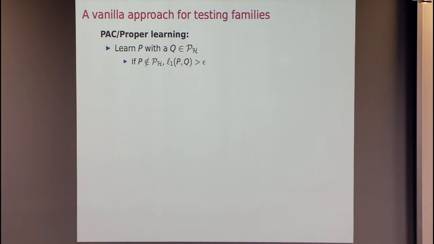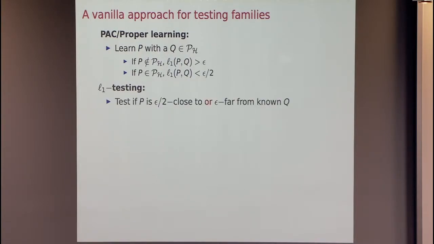Now, in the framework we are studying, if the distribution was not in the class, then the L1 distance between the underlying distribution and what you estimated has to be at least epsilon. However, if the distribution belongs to the class, suppose we have a learning algorithm that can learn it very fast, and let's say you can get up to an accuracy of epsilon over 2. Then the problem reduces to the following. In the next step, you have to test whether an unknown distribution P, to which you have sample access, is epsilon over 2 close or epsilon far from a known distribution.